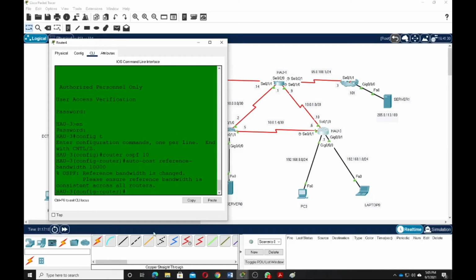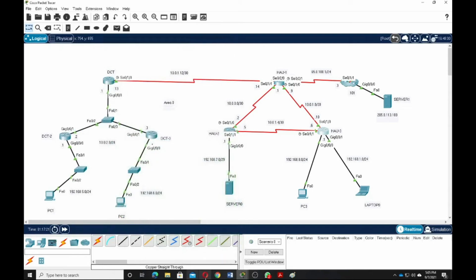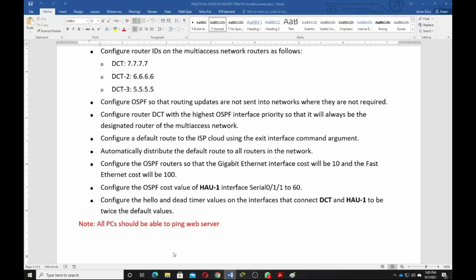Okay, it should be consistent on all the routers. So the auto-cost command should be applied to all the routers participating in the routing domain. Alright, so we've done all the requirements.